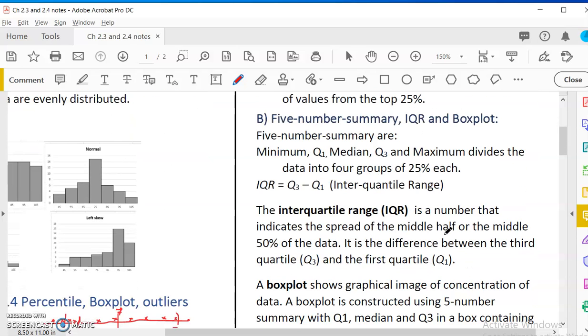So how do I find these 5 numbers? These 5 numbers, including minimum, Q1, median, Q3, and maximum, are called the 5 number summary.